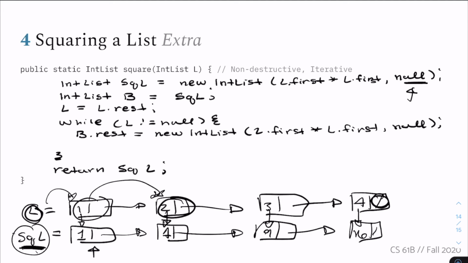And then we have to set b equal to b.rest. So we're basically moving our frame from looking at this to now we're looking at this. And we're just repeating the same process over and over again.